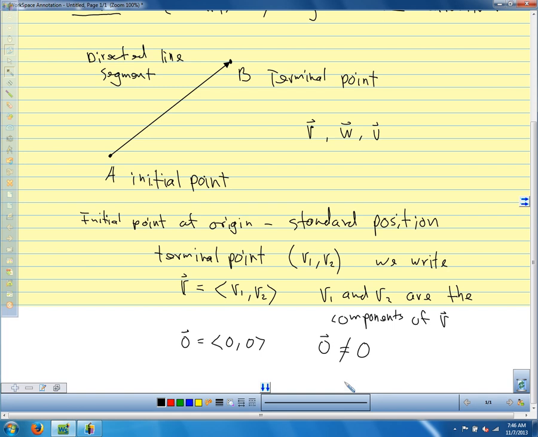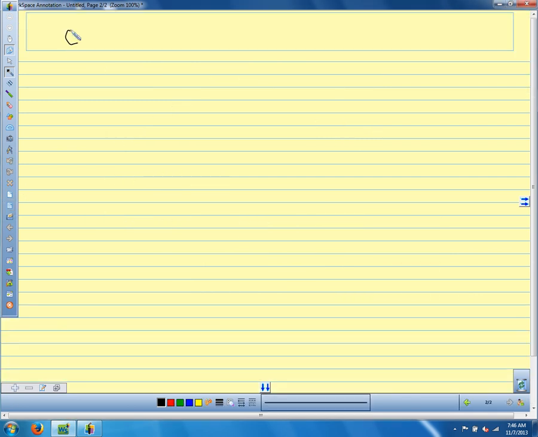So some operations. Today we're talking mostly about some basic operations with vectors. We'll start with some basic operations and build more complicated operations and get some really interesting, really powerful results.